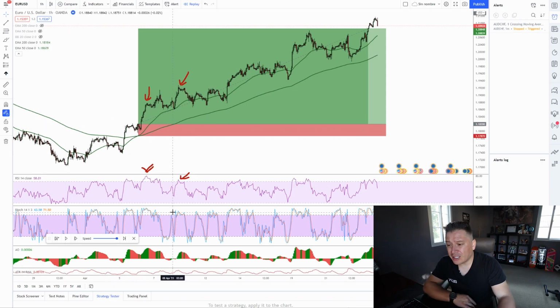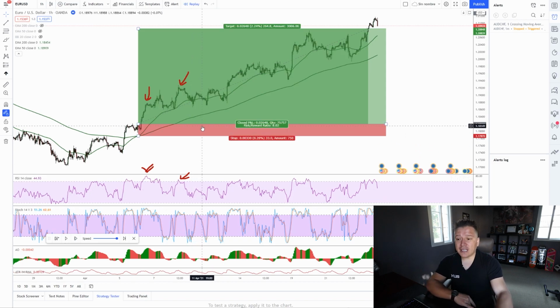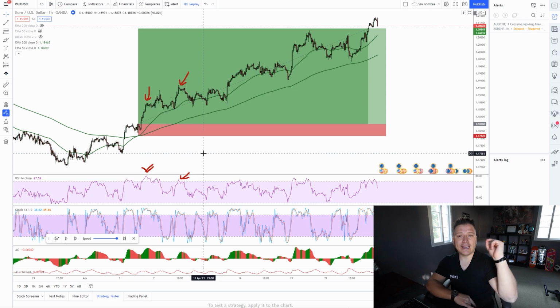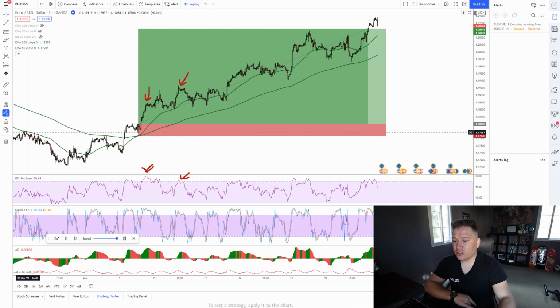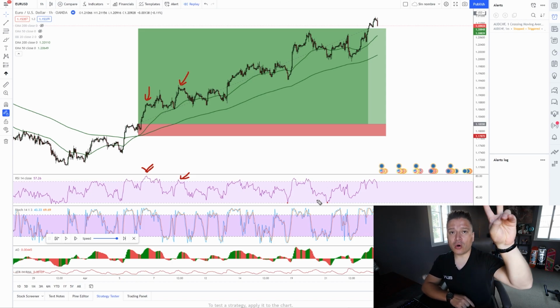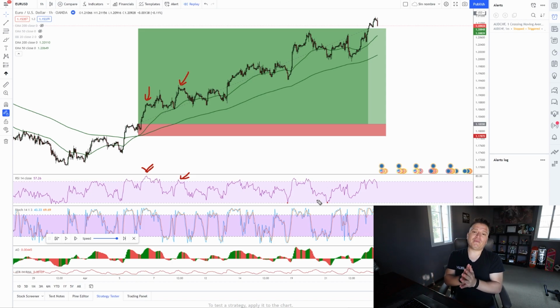Right? So on the stochastic, you see oversold, overbought, but here's what you've got to understand as well. These retractions happen against the trend, okay? So you can see that there's very few or none. There's one that is not even oversold, but there's two options that would allow you to see an oversold condition in this specific pair. Why is that?